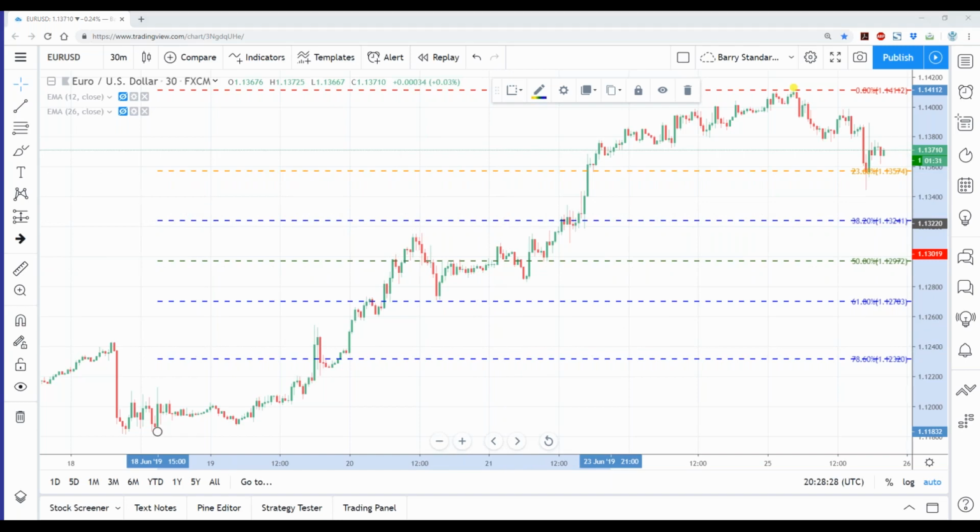Now, we can see that price has reversed from that swing high. Where has it come down to? Look how important this 23.6 level is. Price is sitting right on that 23.6 level, came down and bounced off. So that became an important level.